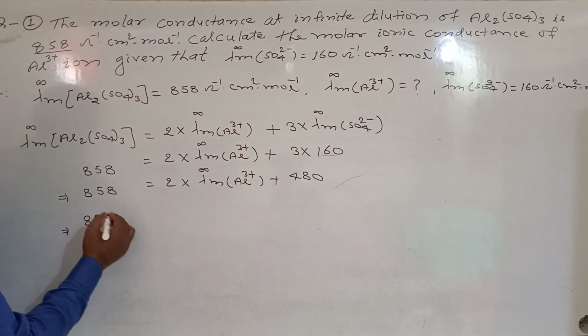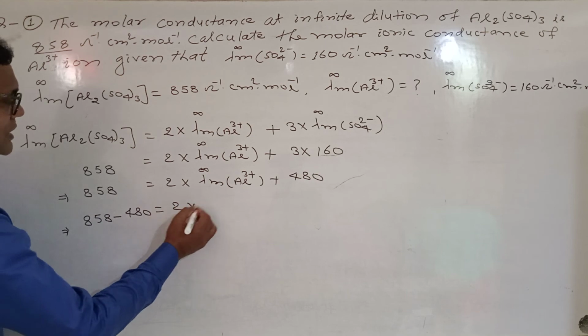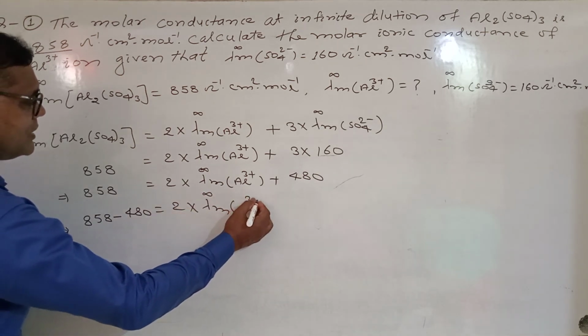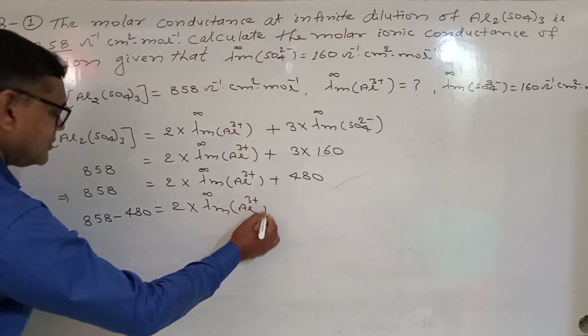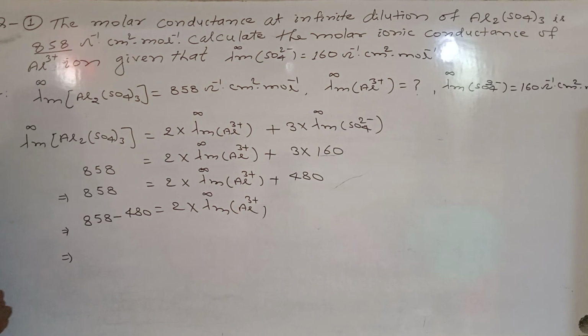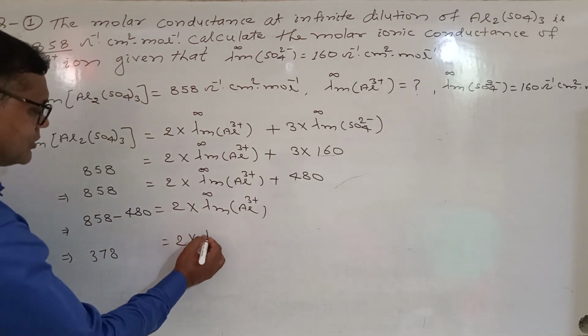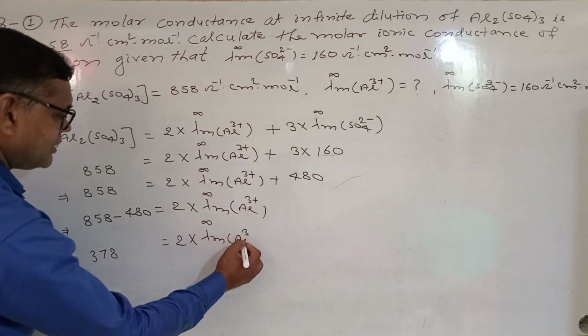Here we write 858 minus 480 is equal to 2 into lambda infinity m aluminum ion. We subtract: 858 minus 480 gives 378, which is equal to 2 lambda infinity m aluminum ion.